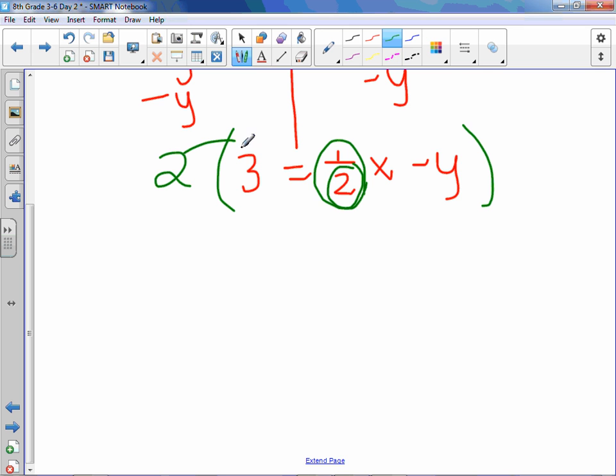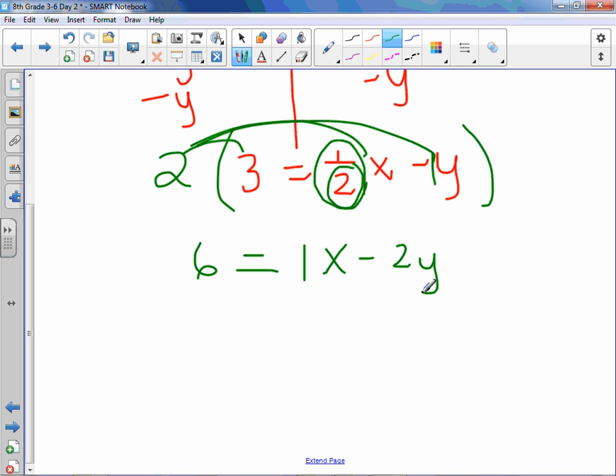And distribute that 2 to every single term. 2 times 3 is 6. 2 times 1/2 is 1. And 2 times, well, there's nothing really here except for an invisible -1. So 2 times -1y is -2y. Now it is in standard form.